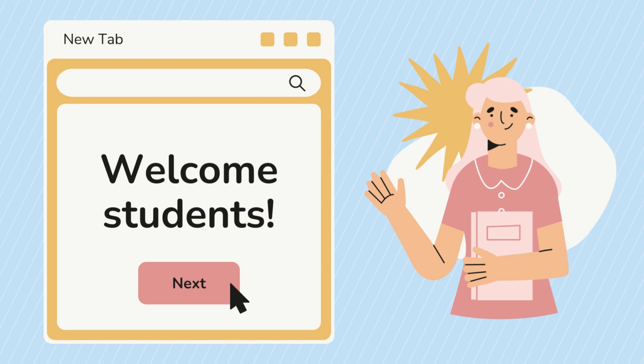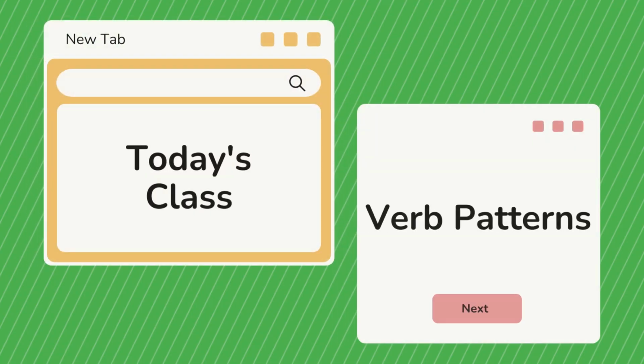And this is a really interesting topic because it's something that we usually do without knowing that we're doing it, and sometimes we don't do it properly. And it would be good to know how to do it properly. And we're going to talk about verb patterns.